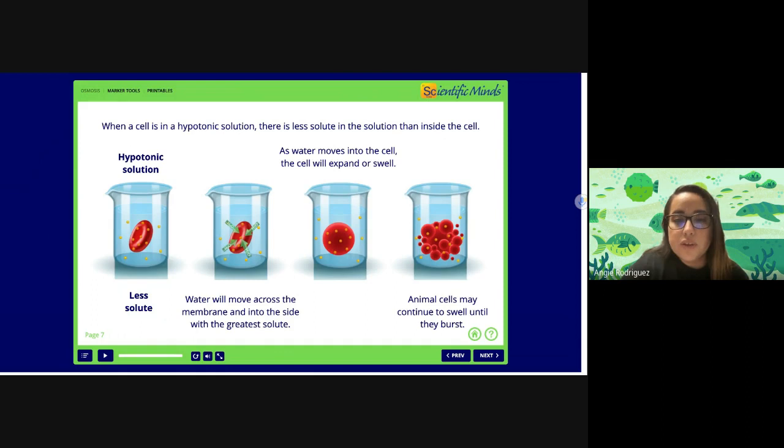So here's another example of a hypotonic solution, right? So you're usually going to have less solute, which is maybe like sugar or salt, in the solution or the water. That's what they mean, right? So for example, I would have less solute in the solution right here, and then they're saying I'm going to have more water inside of the cell.